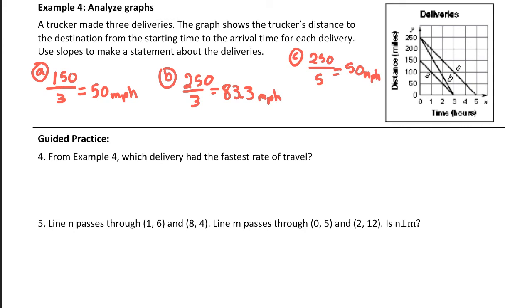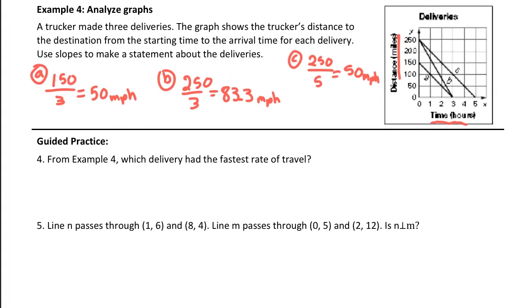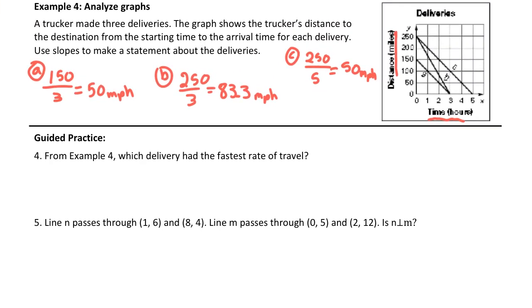So rates of change is what I'm trying to get you to think about, slopes as a rate of change. The change in the Y value, miles, over the change in the X value, time. So in this guided practice, I'd like you to work through those and then double check your answers with me. So a good chance for you to pause the video, work through them, and then I will explain them.